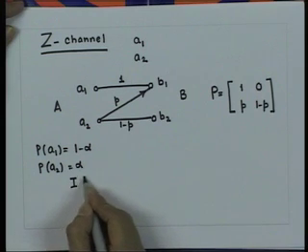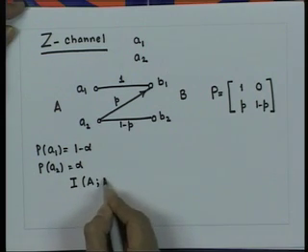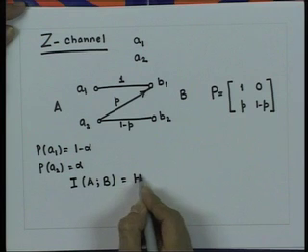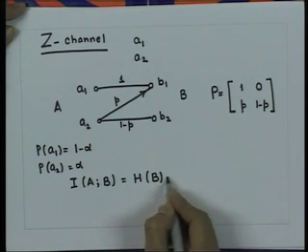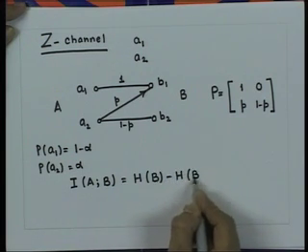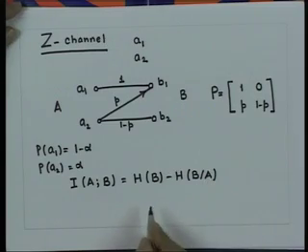So, as usual we require to calculate mutual information, which is H(B) minus H(B given A).